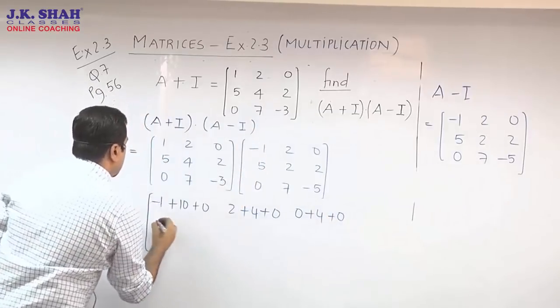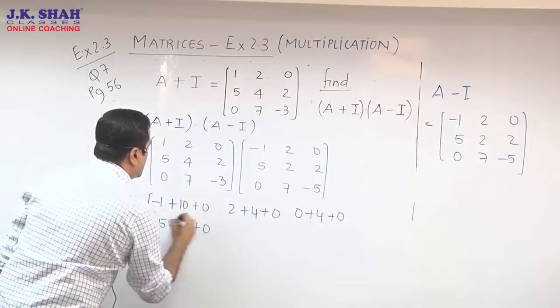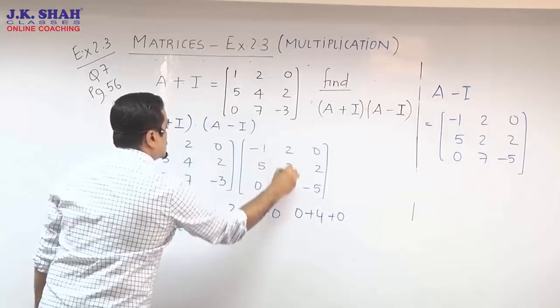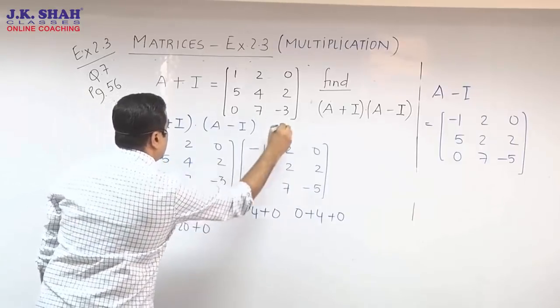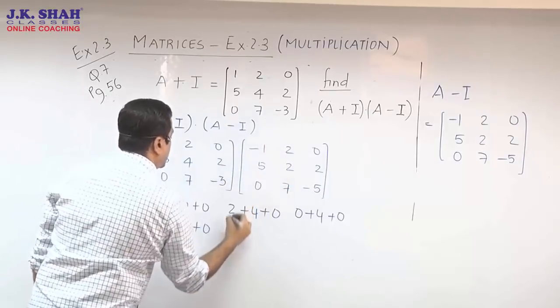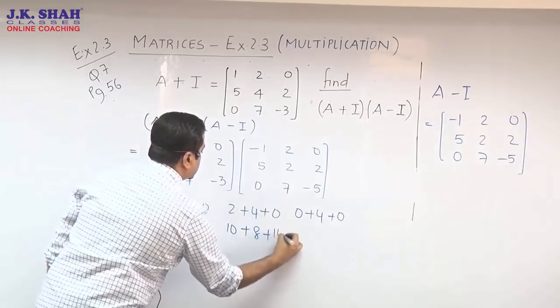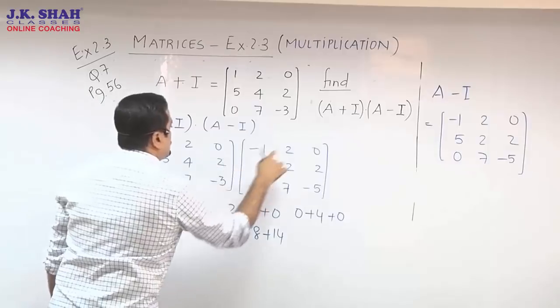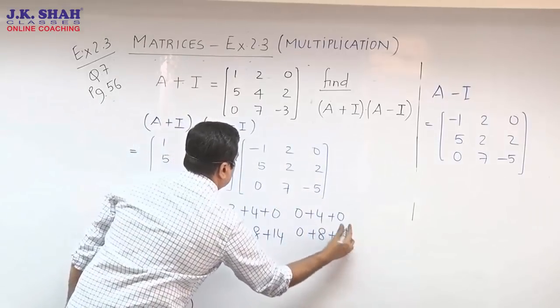R2 C1, minus 5 plus 20 plus 0. R2 C2, your eyes have to be fixed on this R and this C when you are multiplying R into C. So it's going to be 10 plus 8 plus 14. R2 C3, 0 plus 8 minus 10.